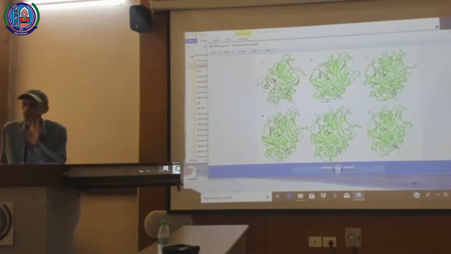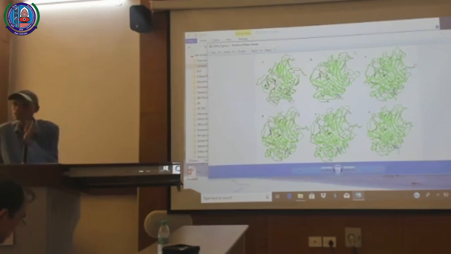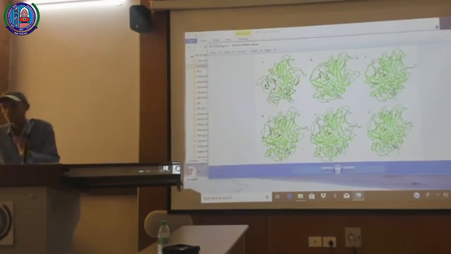So for any optimum binding to be reported or confirmed, each and every atom of the ligand has to interact with each and every atom of the protein. Each and every atom of the ligand has to interact.